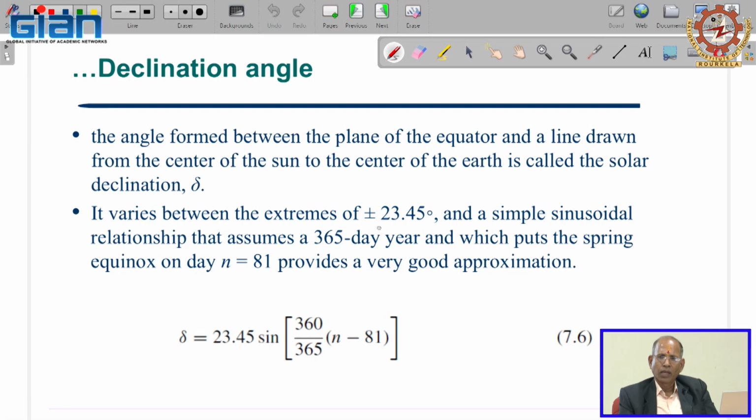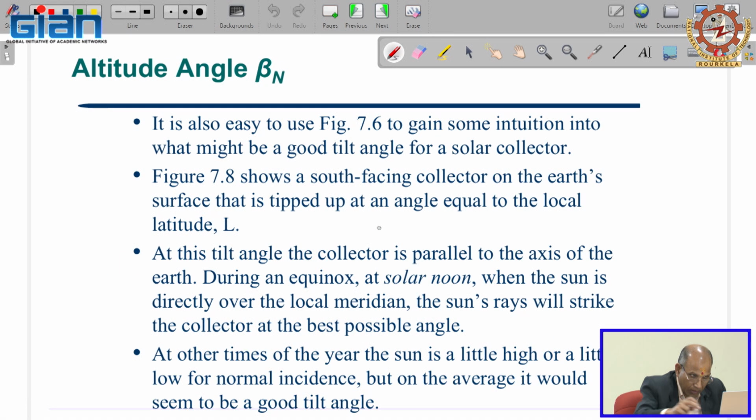In that book this angle is given here, and in these variable quantities n is the same as what I told you. So you can easily calculate, and the maximum value of this angle delta will be 23.45. It will be on June 21st and December 21st. Okay, so you can do this as well.